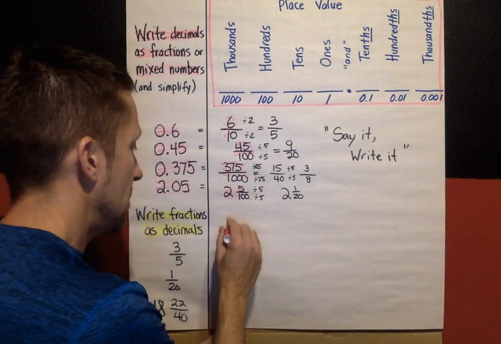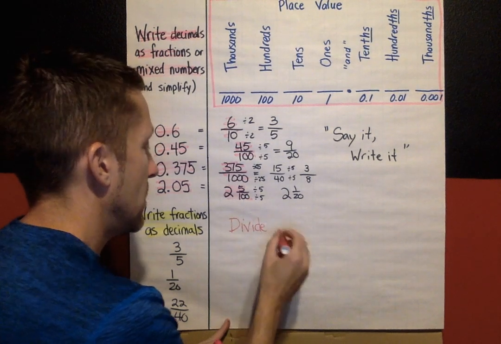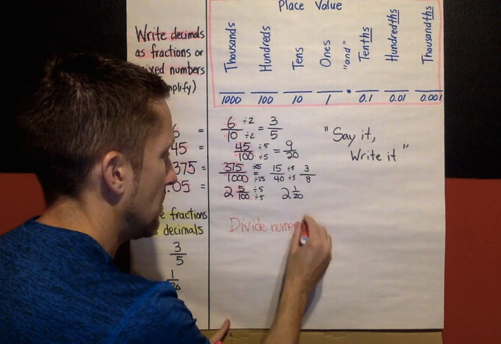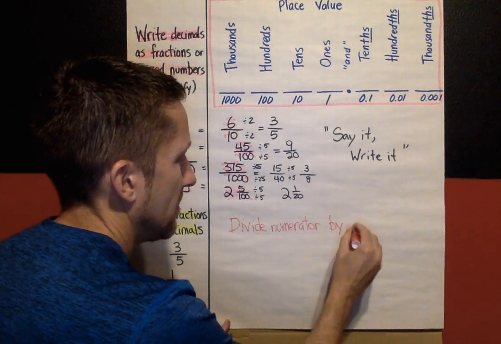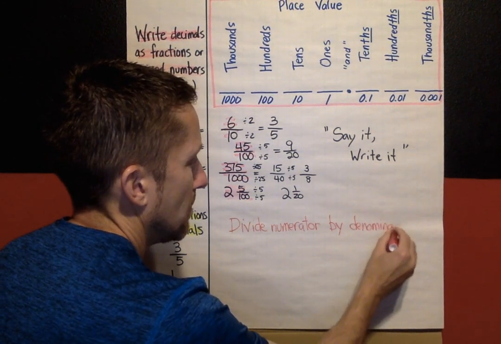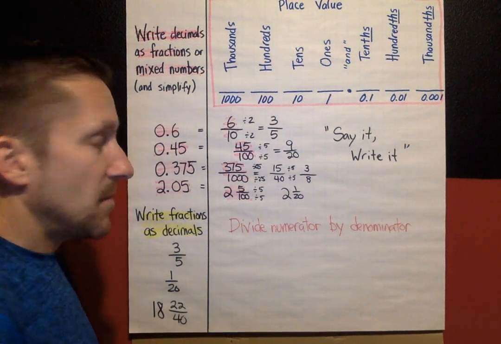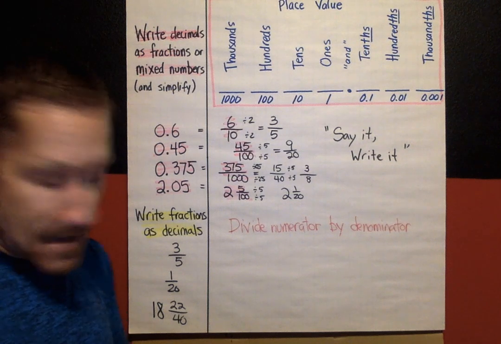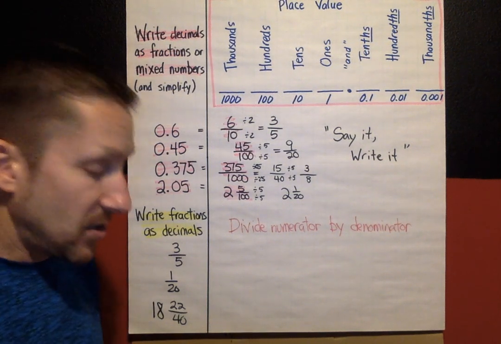You divide numerator by denominator. That's always going to be your strategy, and I'm writing that in red because it is also part of the calculator rule. You may use a calculator to do this as long as you're writing it down.